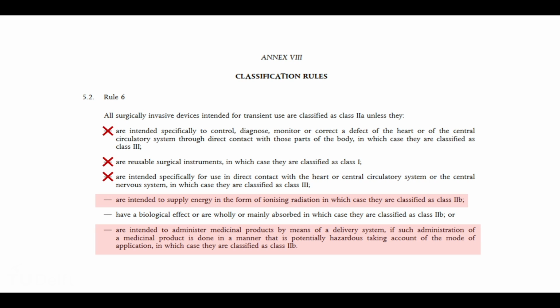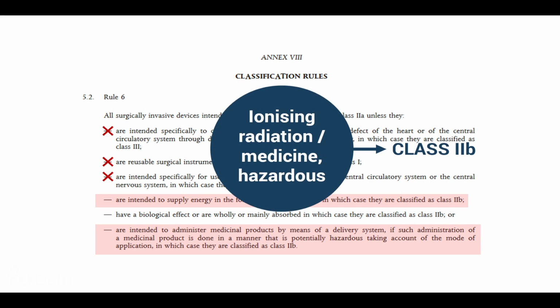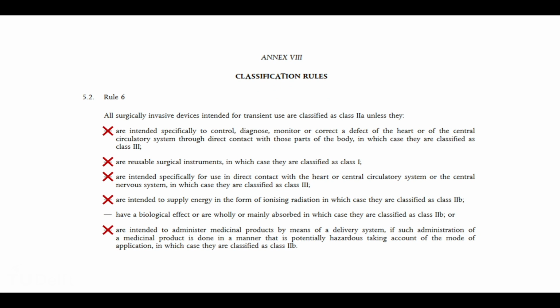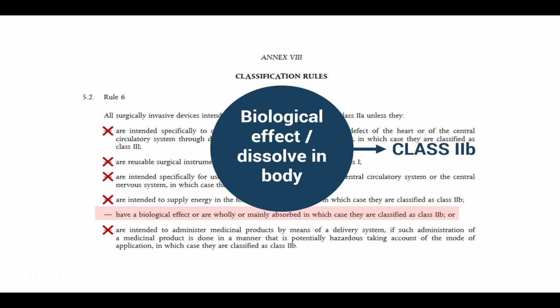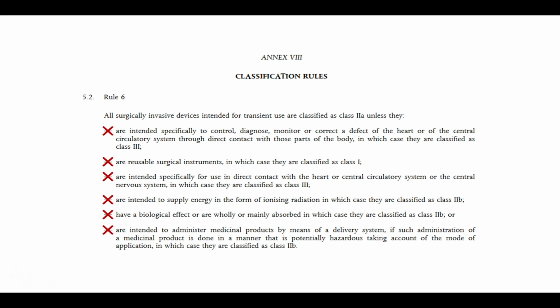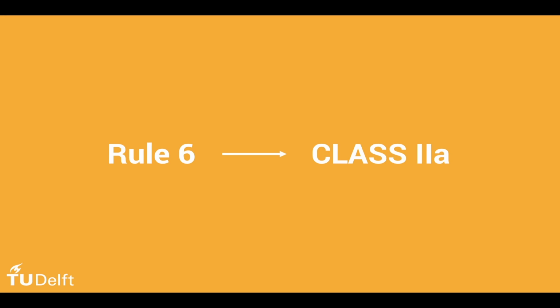If the device is intended to apply ionizing radiation or medicine in some hazardous manner, it's a Class 2B. But our stapler only delivers stainless steel staples. Now, if the device must cause some biological effect or dissolve in the body, it is again Class 2B. But that's not the case. The stapler will be taken out of the patient and the staples will stay. So, according to Section 5, Rule 6, our device is Class 2A.